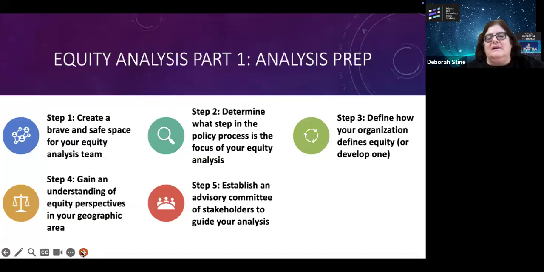So the first part in equity analysis is what I'm calling the prep for the analysis. And the first thing, and we're going to go through each one of these, but I just want to give you an overview.